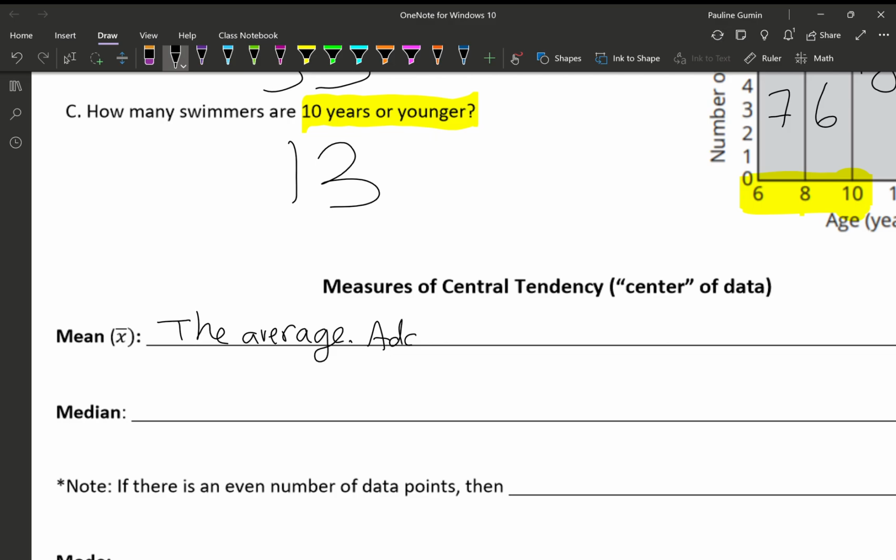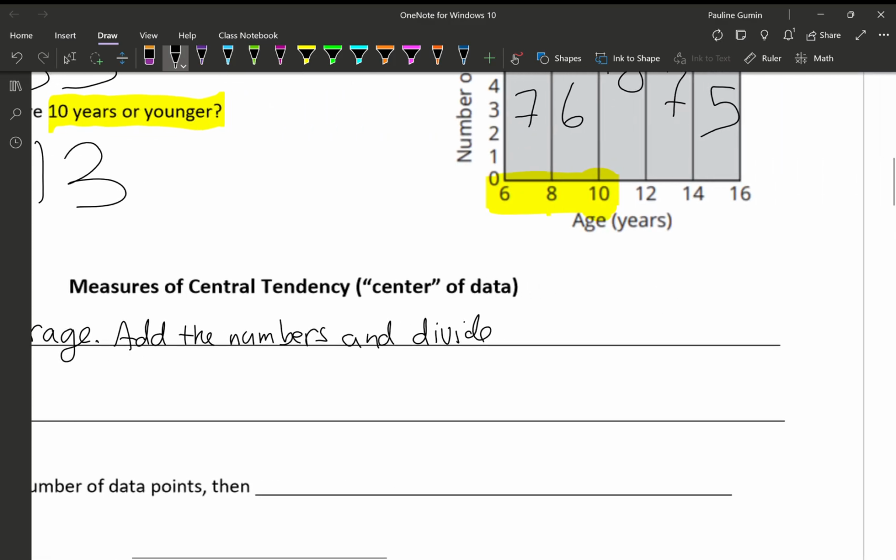You add the numbers in the data set and divide by the number of numbers.